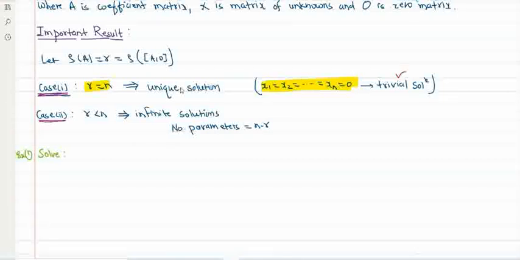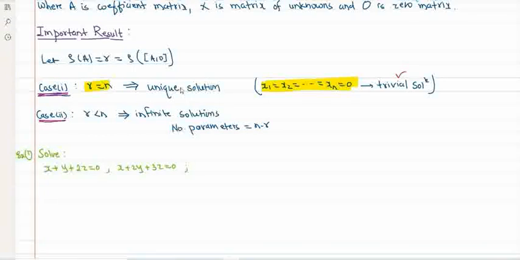First equation is x plus y plus 2z equal to 0. Second equation, x plus 2y plus 3z equal to 0.